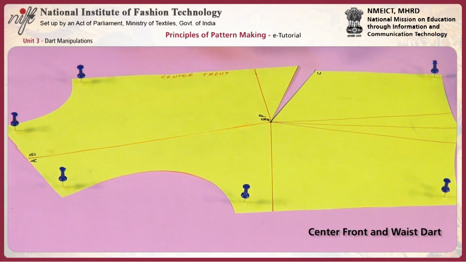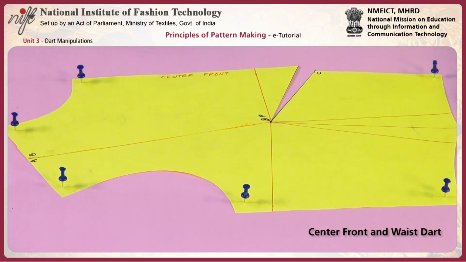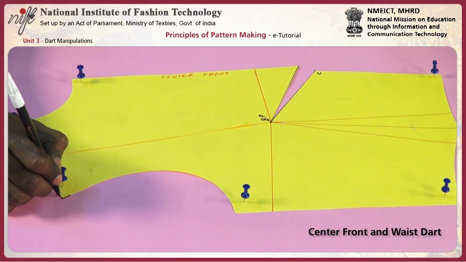The spread at the point C happens while closing B to A. Now trace the bodice. Mark the corner points.